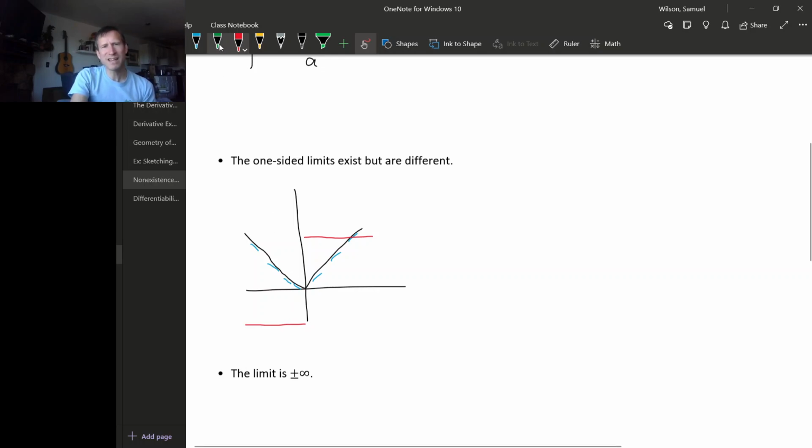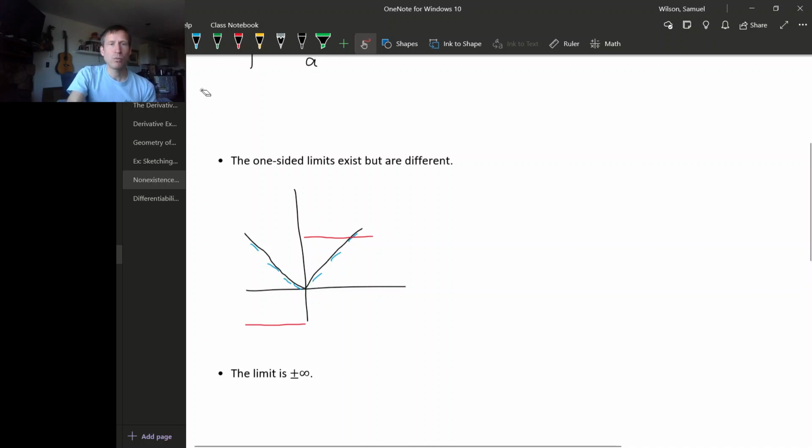What's happening here is that at this x value 0, there's a tangent line from the left that's going down and a tangent line from the right that's going up. It's almost as if there are two tangent lines, but since we insist that there be only one, we can't let either of these be the tangent line. And so we just have to say that the derivative doesn't exist at this point.